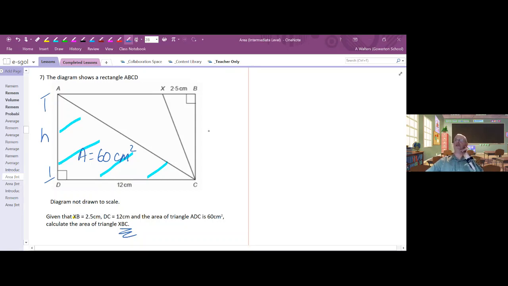Okay, so if we look at the first triangle, I'll sketch it out here. The area is 60, the base is 12, and we want this height. I called it H. So I will say a half of the base times the height is equal to 60.